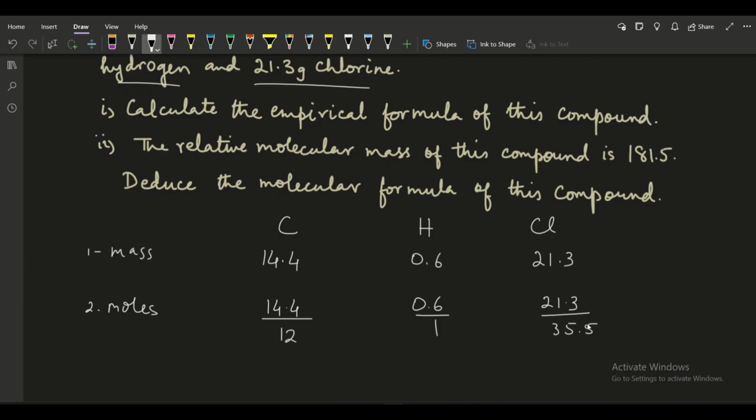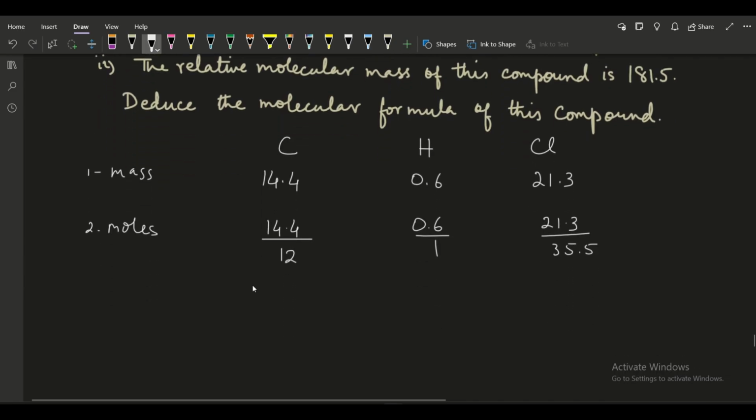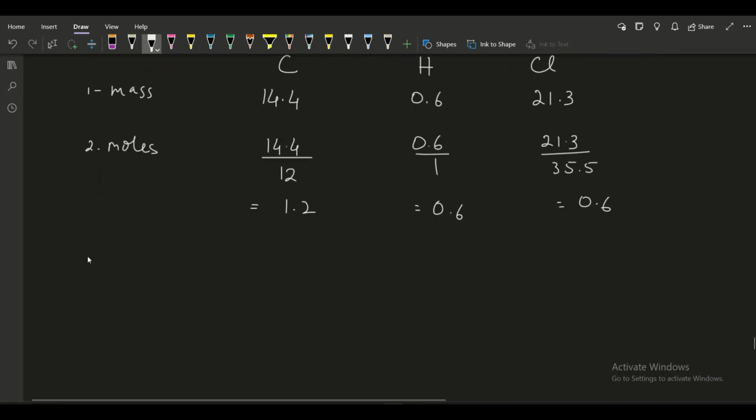You can check from the periodic table, and your answer would be, for this one it would be 1.2, it would be 0.6, and for this as well the answer is 0.6.